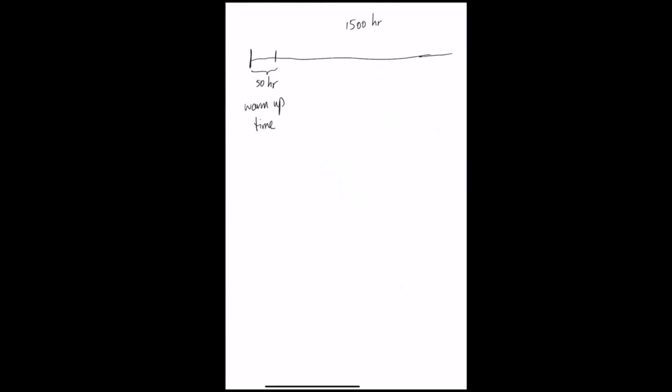So what Arena does is that it is going to break this simulation time into some intervals, and it's going to look at what happens in each interval separately. And basically each one of these intervals is going to be considered as one replication, similar to that.